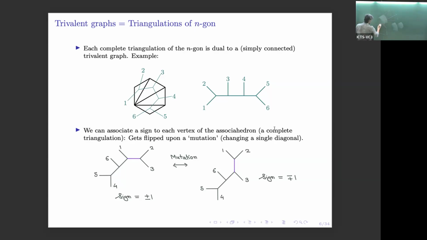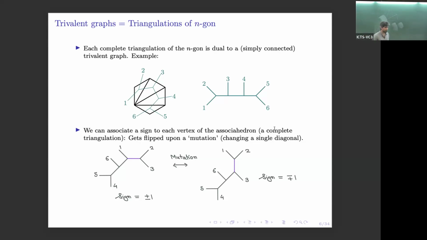I can keep this chord fixed. What are all the other chords that I can draw? I want to exchange this one for something else, and the only possibility is this one. So do you just mean you will take one particular triangulation and try to generate all the other triangulations from it? In a way, yeah. If you just switch only one chord, then that's what a mutation is.